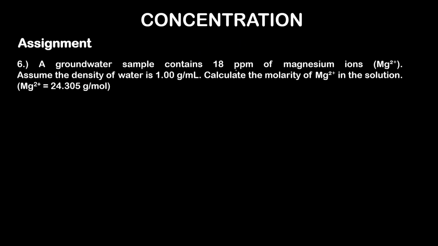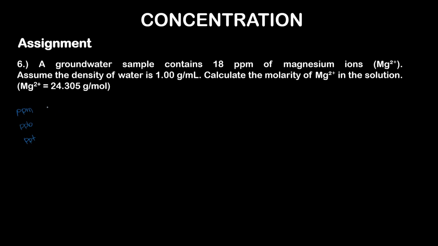A groundwater sample contains 18 ppm of magnesium ions. Assume the density of water is 1 gram per ml. Calculate the molarity of Mg2+ in the solution. So now we are again using ppm. Remember ppm, ppb, ppt, right?